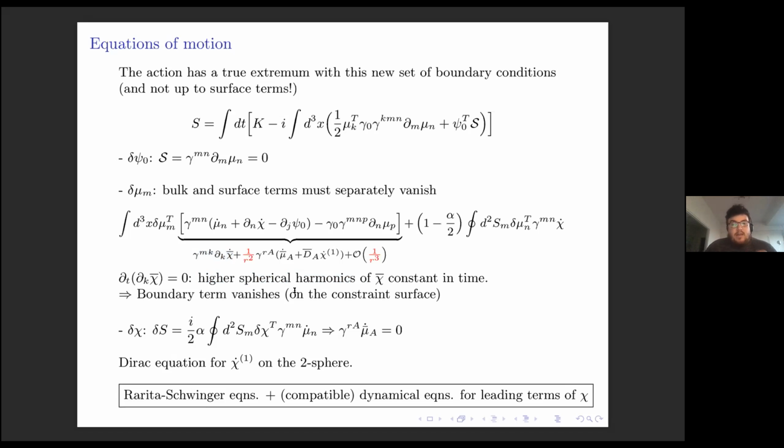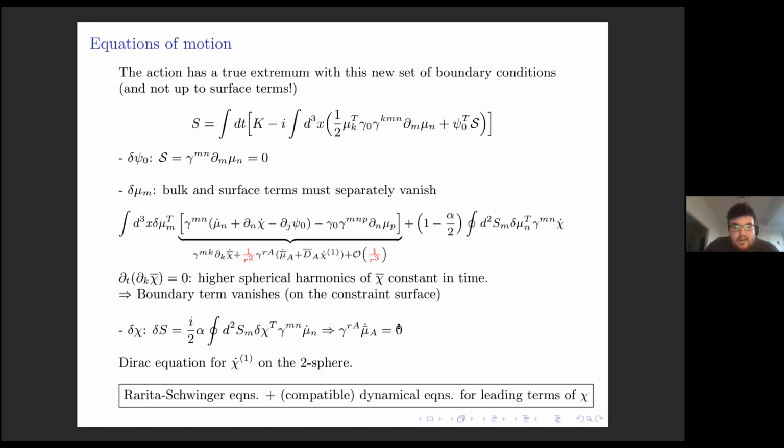Using that we are on the constraint surface, we can show that this integral is trivially satisfied. And from the field equation of chi bar, we obtain this equation, and we obtain this equation for mu. And we can see that the subleading term in the bulk equation for mu has this form.